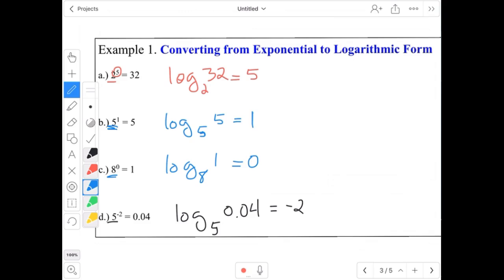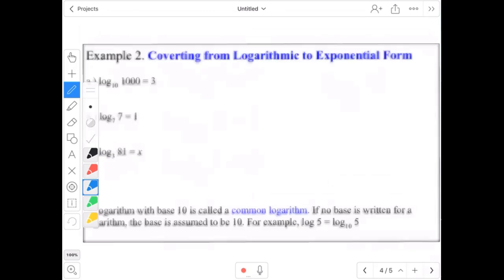So anytime you see a log where they don't give you a base number, let's say it was just the log of 5, that is to assume that our base is going to be 10 in this scenario. So let's jump into the other way.